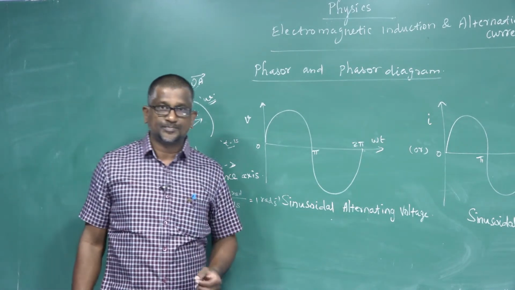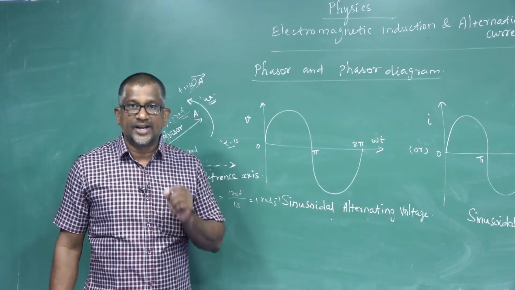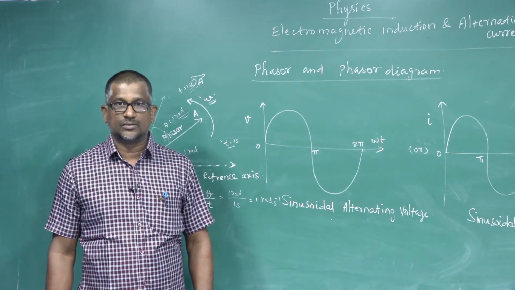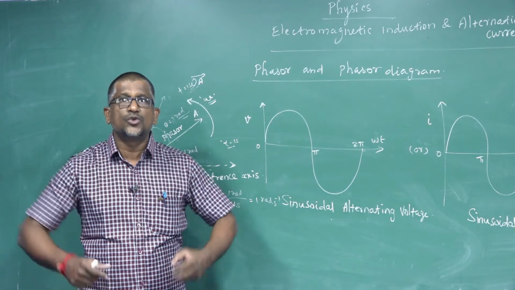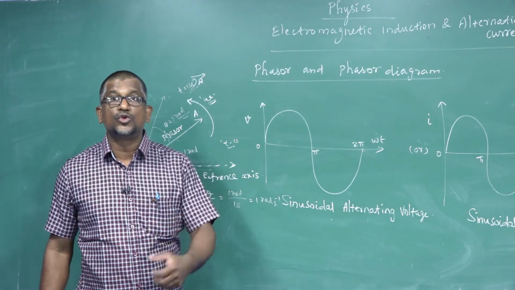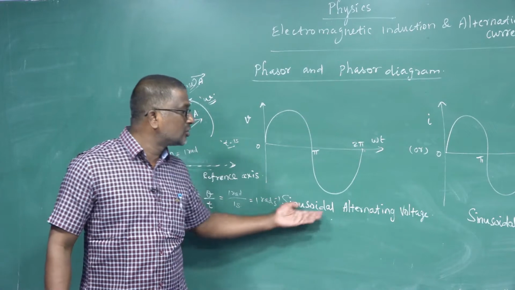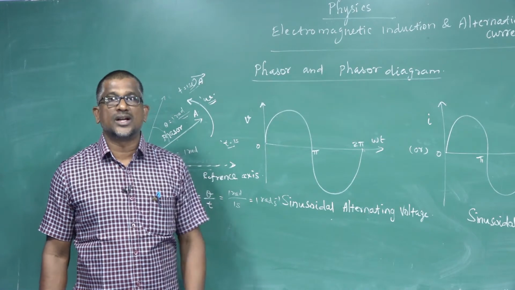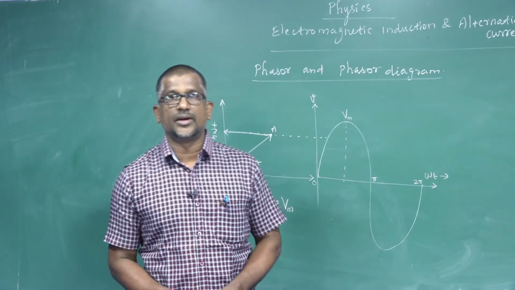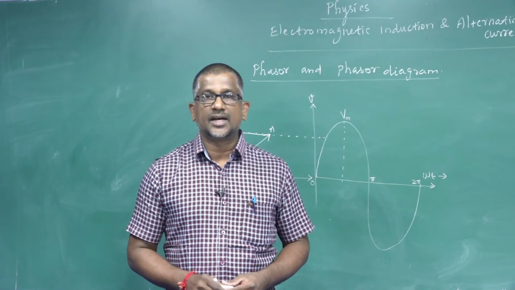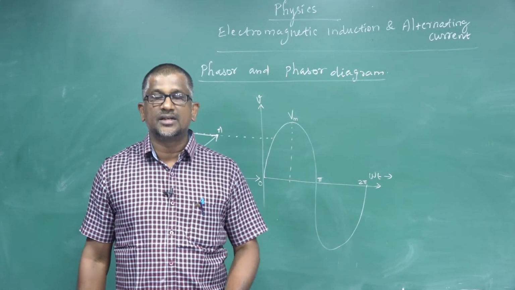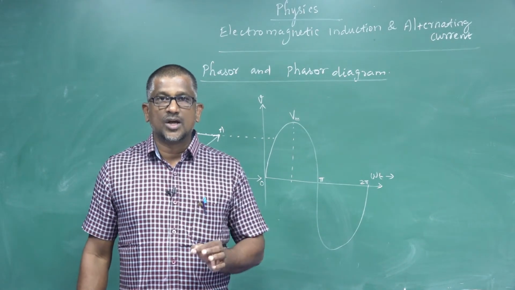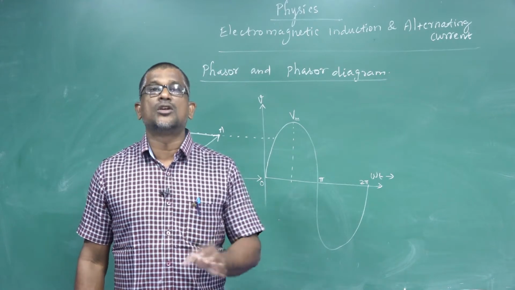So once again I repeat, phasor is nothing but a rotating vector which rotates about a fixed point with a constant angular velocity. So what is the use of a phasor? The phasor is used to represent sinusoidal alternating voltage and sinusoidal alternating current. This rotating vector rotates about a fixed point with a constant angular velocity.